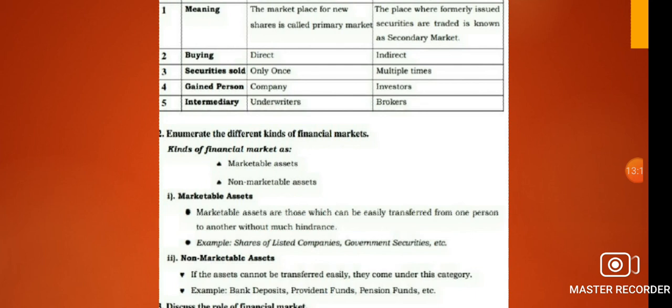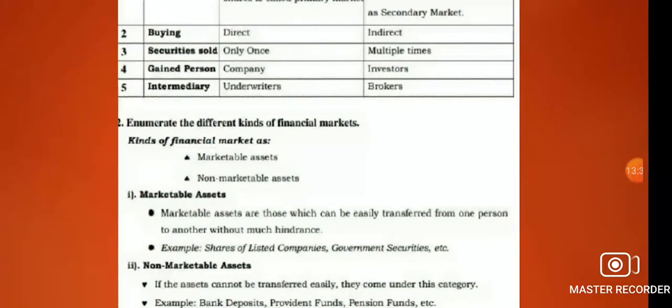Then second one, enumerate the different kinds of financial markets. So kinds of financial market: marketable assets, non-marketable assets. First one, marketable assets. Marketable assets are those which can be easily transferred from one person to another without much hindrance.